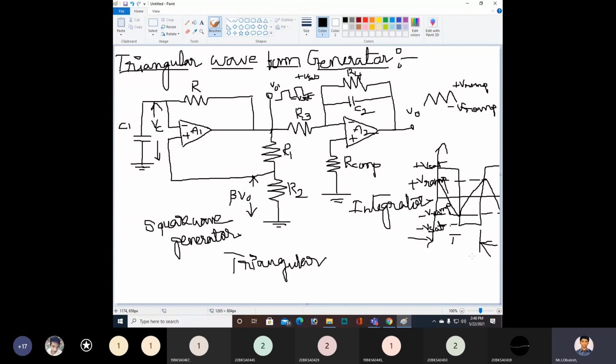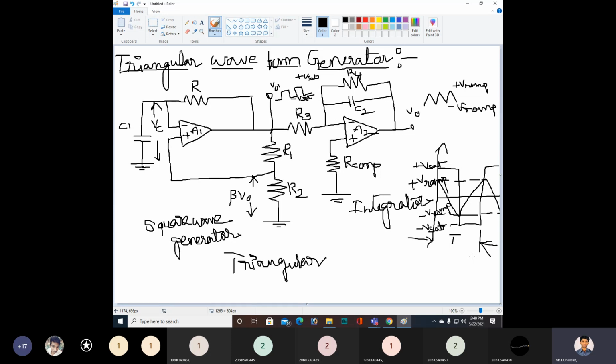The triangular waveform is fed back as input to A1. You need to see that also. Here we are connecting the feedback to A1.